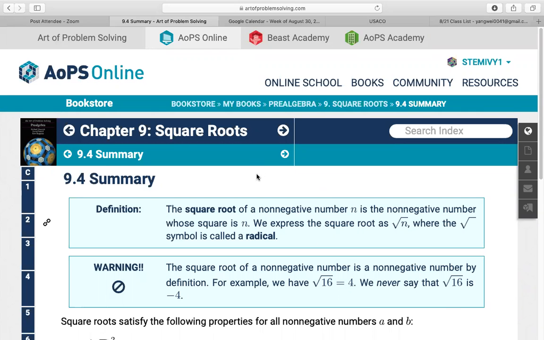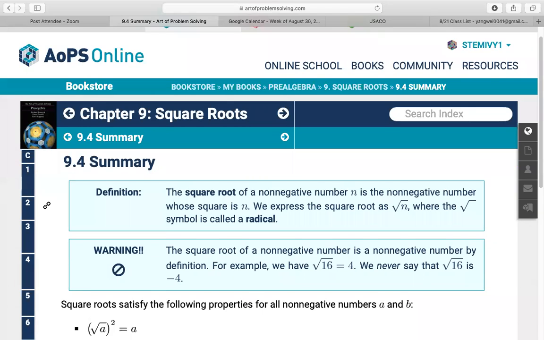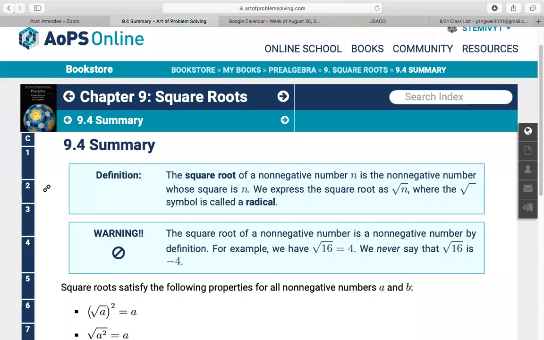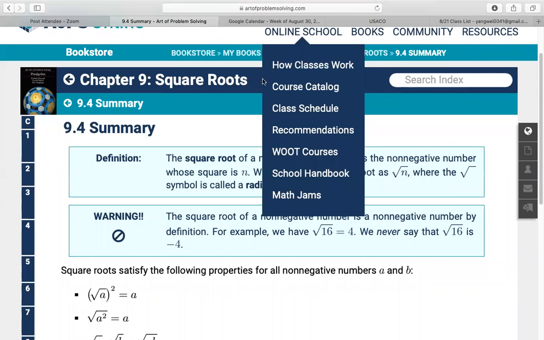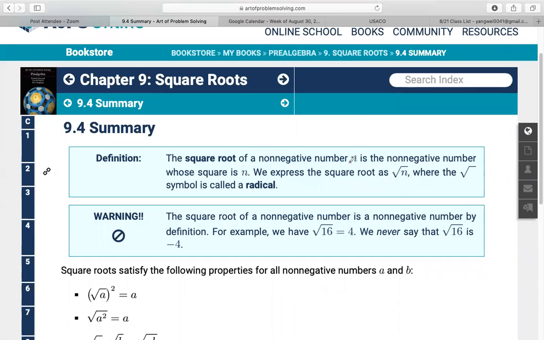In this chapter, what we learn is the square root, right? You can only take a square root of a non-negative number. Suppose you have a number n and you want to take the square root of n.